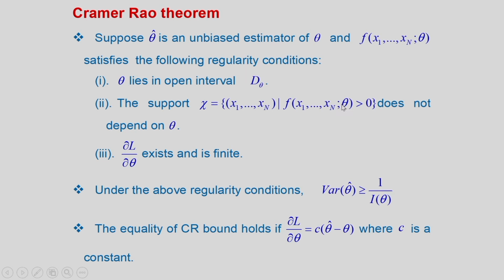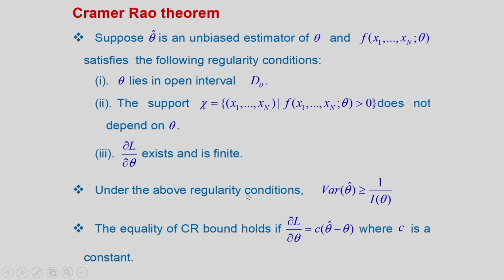Wherever likelihood function is 0, that support does not depend on theta. So, essentially we will be using an integration, that limit of integration does not depend on theta. Del L del theta, partial derivative of L with respect to theta exists and is finite. So, these three are the regularity conditions.